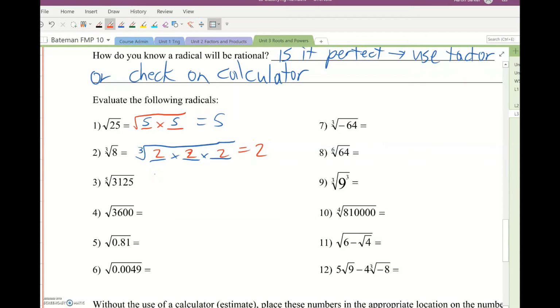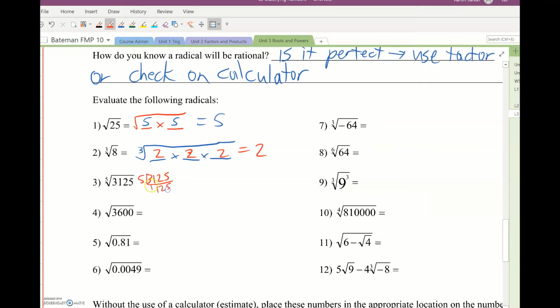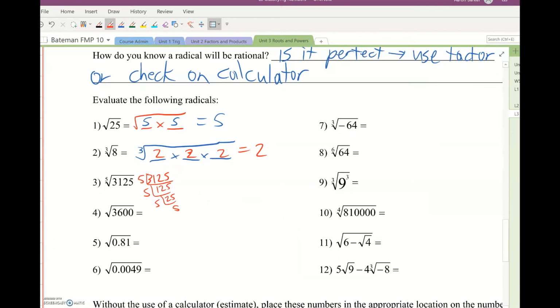Now here we're looking for 5 of the same numbers. That's going to be a trick. So my guess is you want to start doing your hook and ladder and divide by 5. Go to the calculator, 3125 divided by 5 equals 625. 625 divided by 5 is 125.